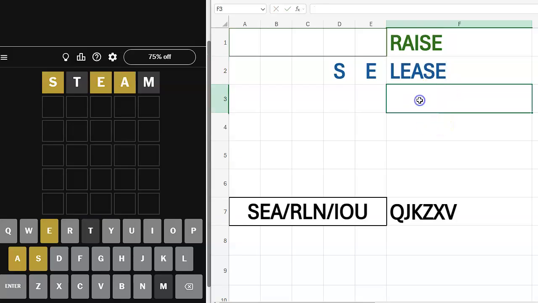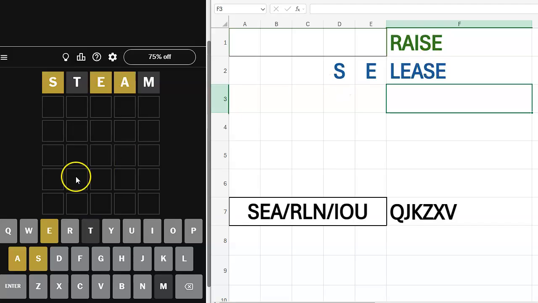If we focus on the N, we could do... what about A-N-S-E? Dance has a C, not an S. I kind of like raise. It gives us the S and the E where I want it.